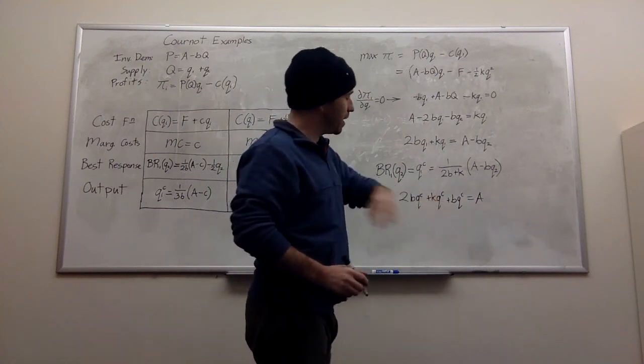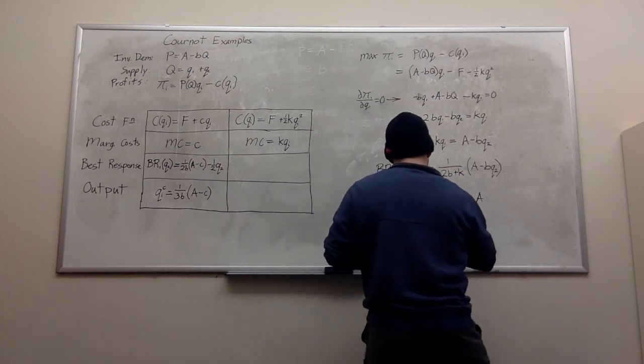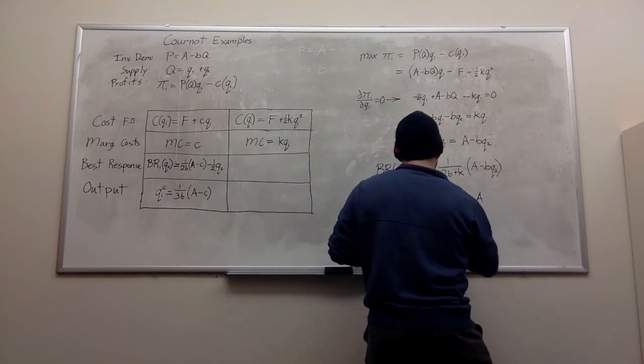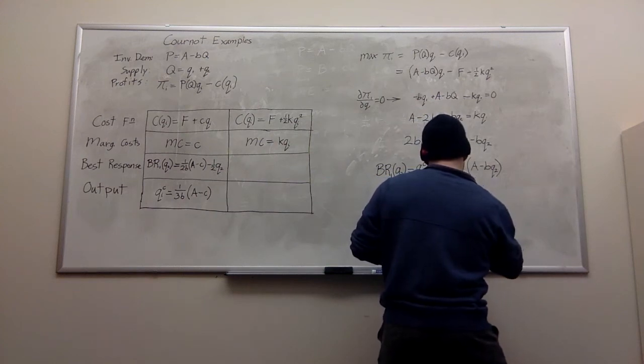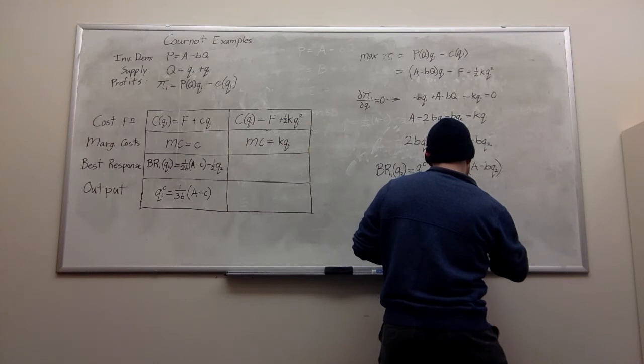Factor out the Q and divide through, and we get QC is equal to A over 3B plus K.